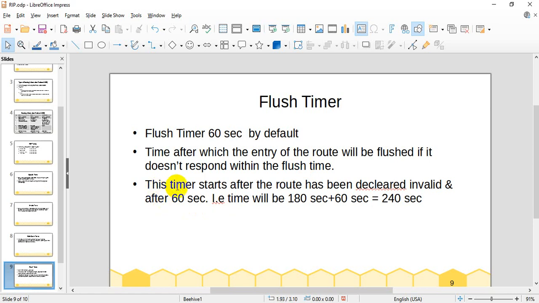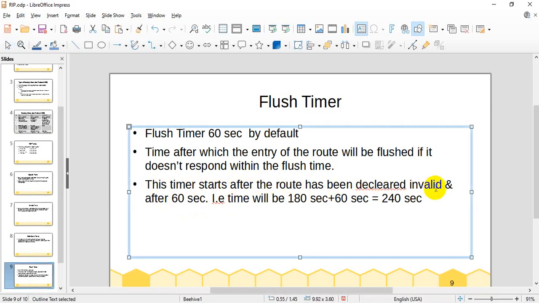That means the timer starts after the router has been declared invalid. The total time will be 180 seconds for the invalid timer and 60 seconds for the default value of the flush timer, so the total flush timer will be 240 seconds.